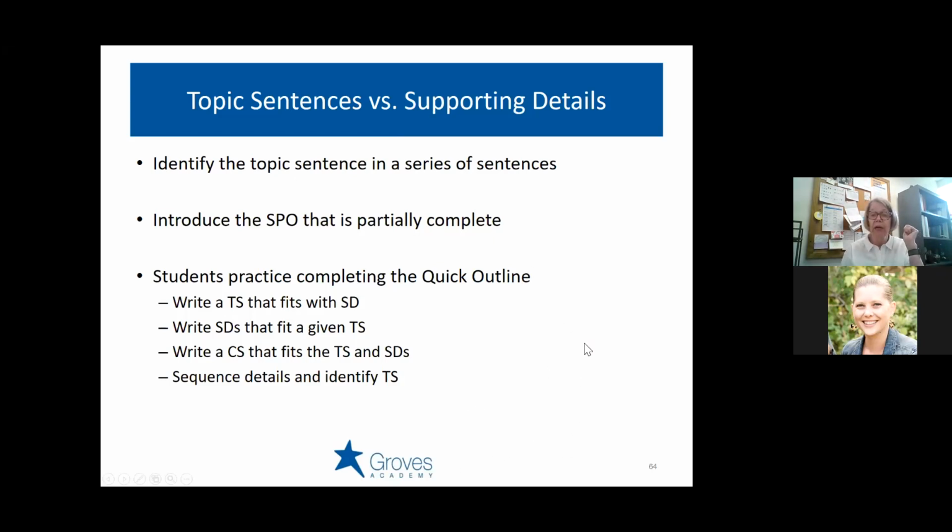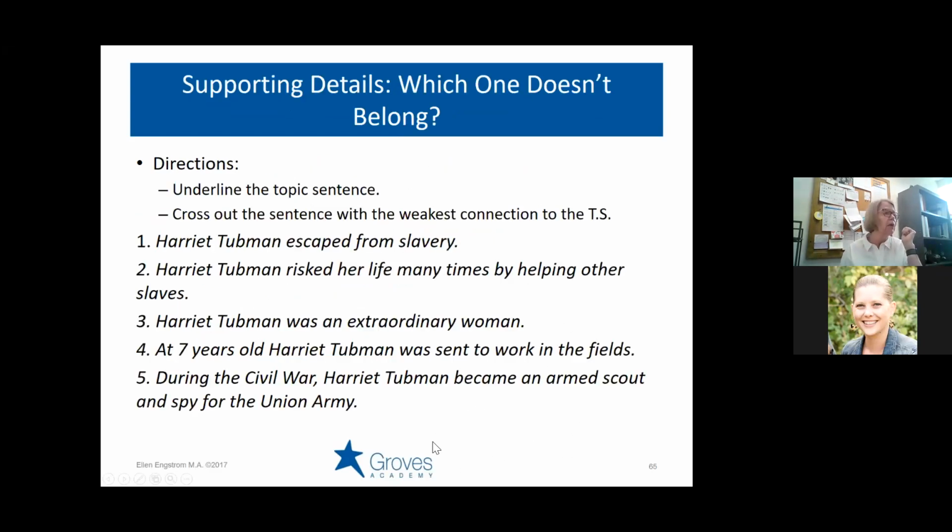You don't always have to have a concluding sentence. And this is an example. This is an excellent case where you ask students, what's most important here? And oftentimes they'll say, well, during the Civil War, Harriet Tubman spied for the Union.